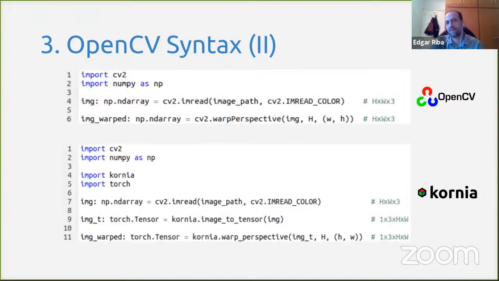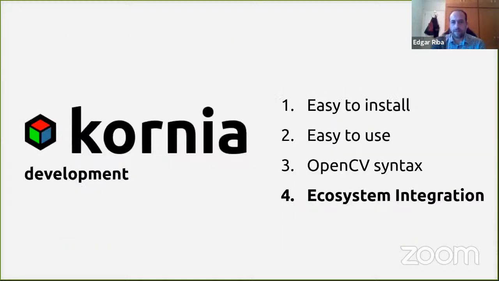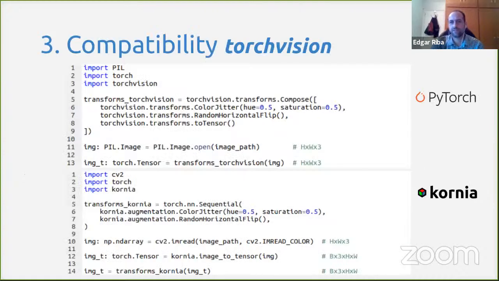Another example is this warp perspective function, used to warp images. You can see that the behavior will be very similar. Then I wanted to mention the ecosystem integration. By ecosystem, I mean that Kornia is also compatible, for example, with torchvision.